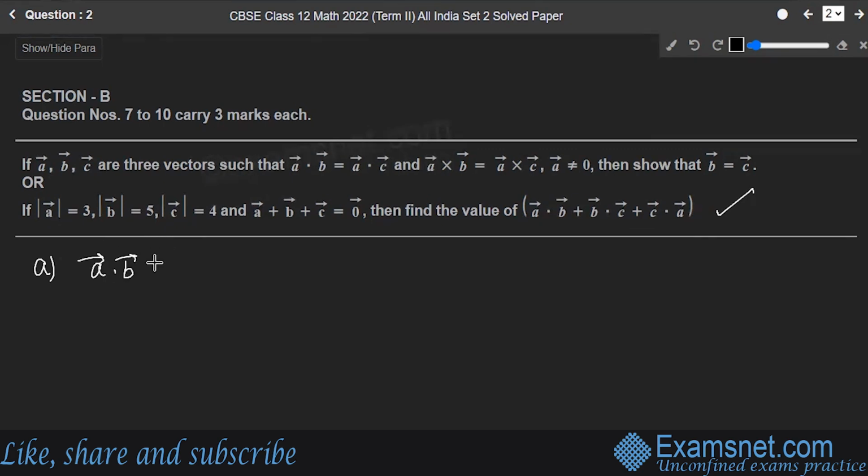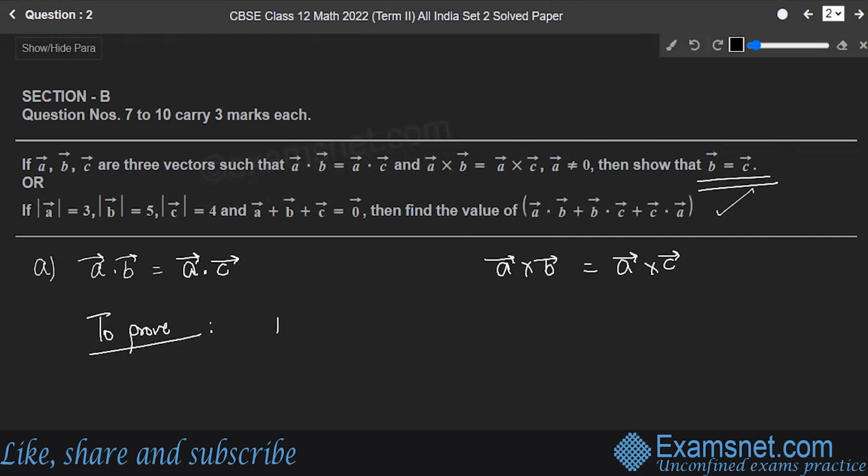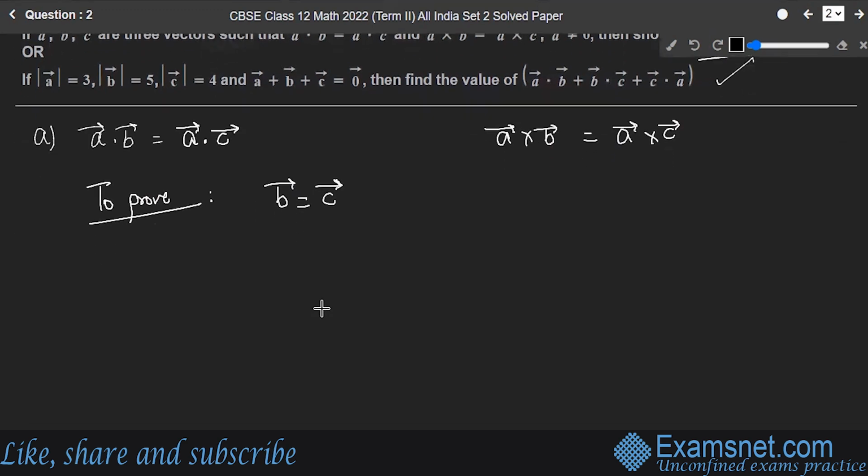You are given that the dot product of A and B is equal to the dot product of A and C. Similarly, the cross product of A and B is equal to the cross product of A and C. So now what you have to show is this. Let's write: to prove B vector is equal to C vector. Okay, so now you have two conditions in this case.